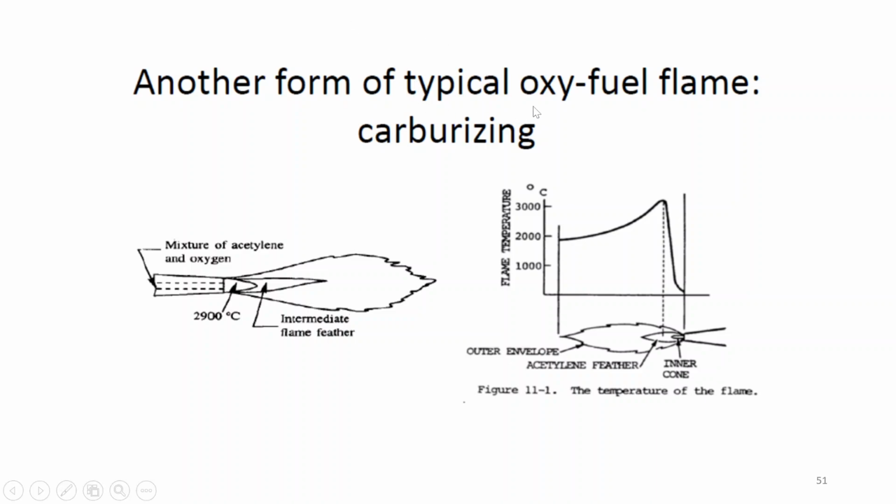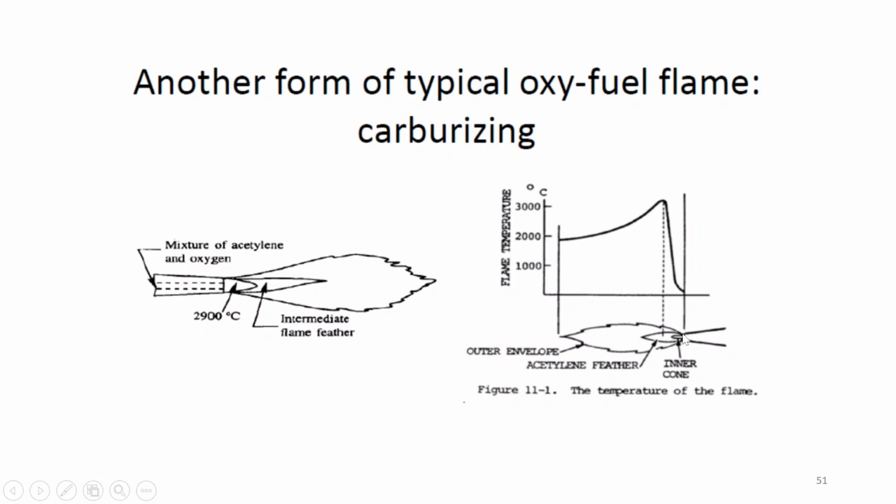These are the forms of a typical oxy-fuel flame. This is the carburizing type of flame. Here is the mixture of acetylene and oxygen from the torch, and at the tip you have around 3000 degrees Celsius. Then you have the intermediate acetylene feather, and based on this flame, the temperature varies with distance.